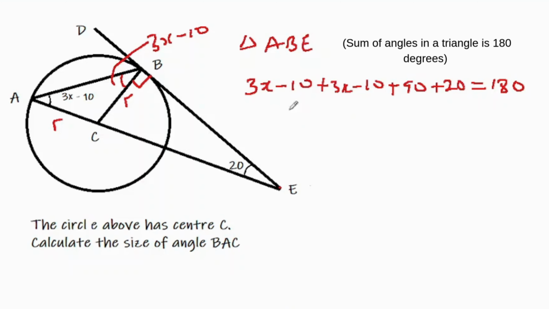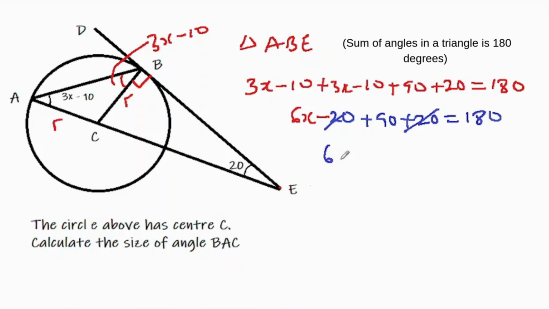All right, so let's collect our like terms. So we have 6x minus 20, and we have plus 90 plus 20, that's 180. So plus 20 minus 20 goes out.